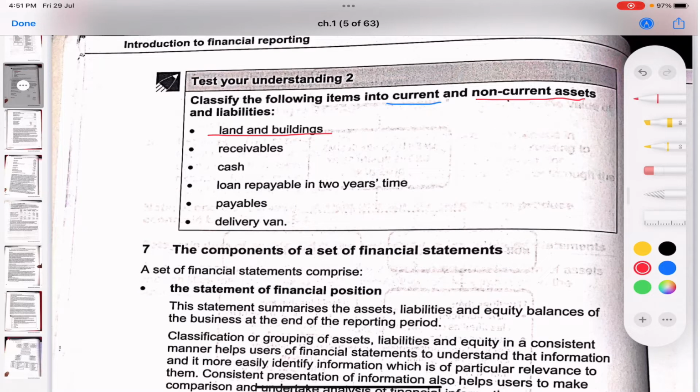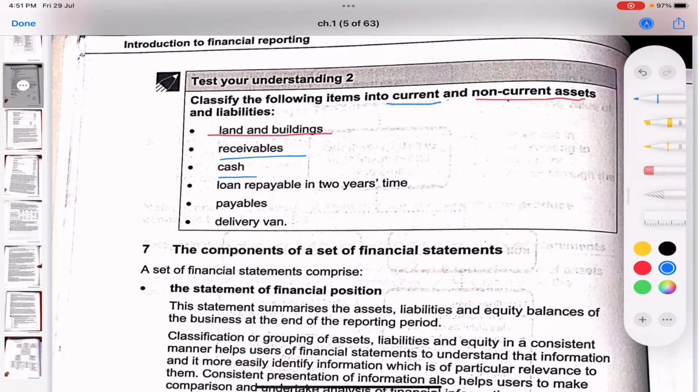Receivables. What are receivables? And what do you think receivables should come into? So, receivables are obviously current in nature. Now, when it comes to cash, tell me what cash is. Is it a current asset or is it a non-current asset? If you think about how we use cash, then you can understand that it is also a current asset.